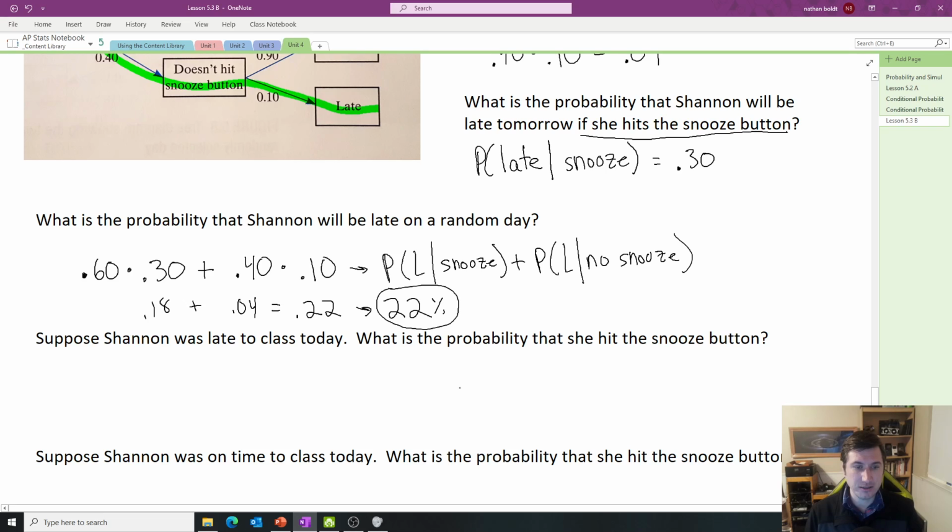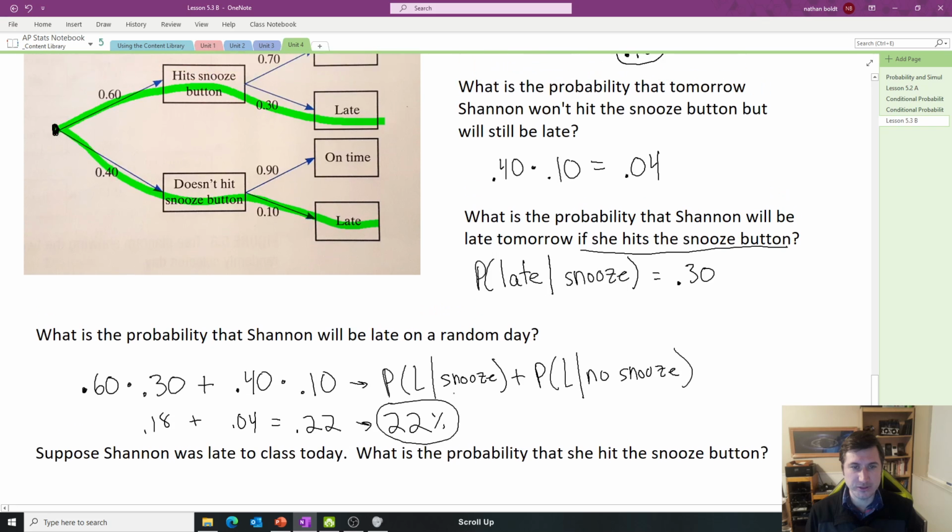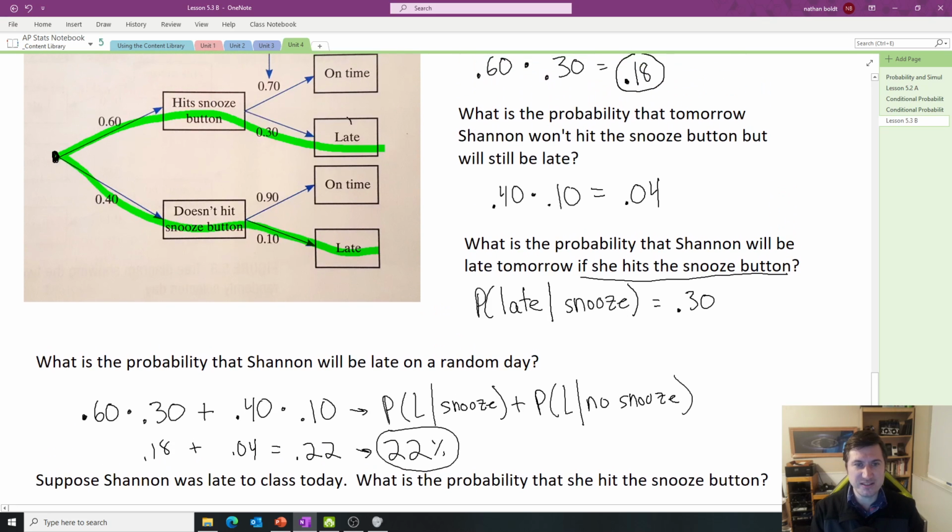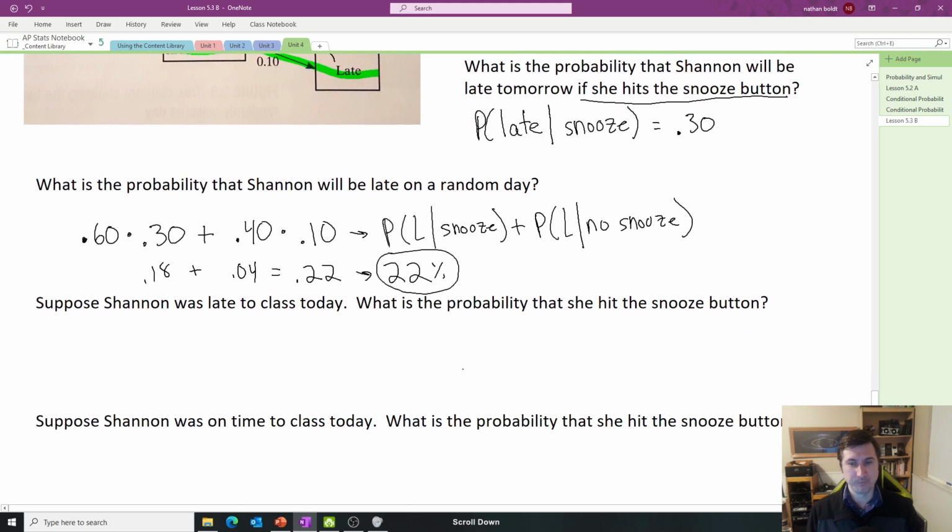Suppose Shannon was late to class today. What is the probability that she hit the snooze button? Whoa, this is like going backwards, isn't it? So we now know she's late. What is the probability that she hit the snooze button? Here is where we want to start using our formulas.